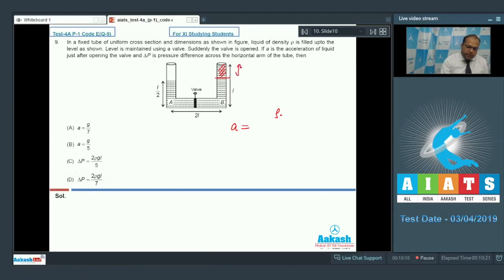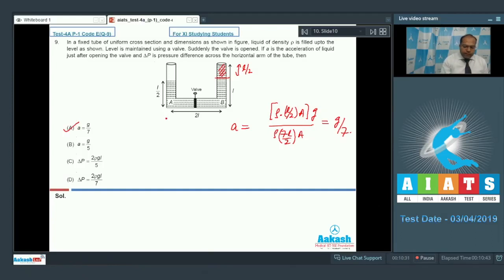So this length is L by 2 into, let the cross sectional area be A. So this is the mass into g divided by total mass. So total mass would be rho into 7L by 2 into A. So this comes out to be g by 7. So option A is correct and B is wrong.